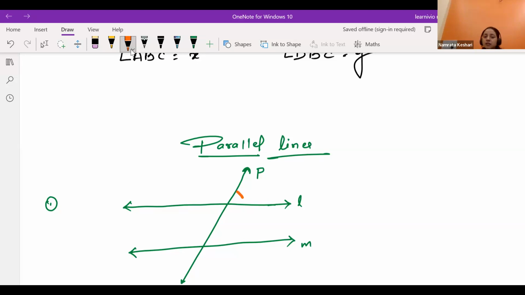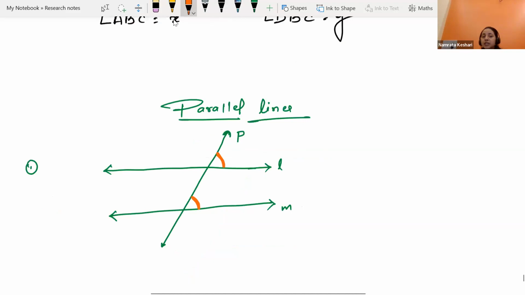Now this angle and this angle are called corresponding angles. See it carefully, both angles are in the same place. If I rub this line, can you see it is on the upper part of the line? Yes, ma'am.